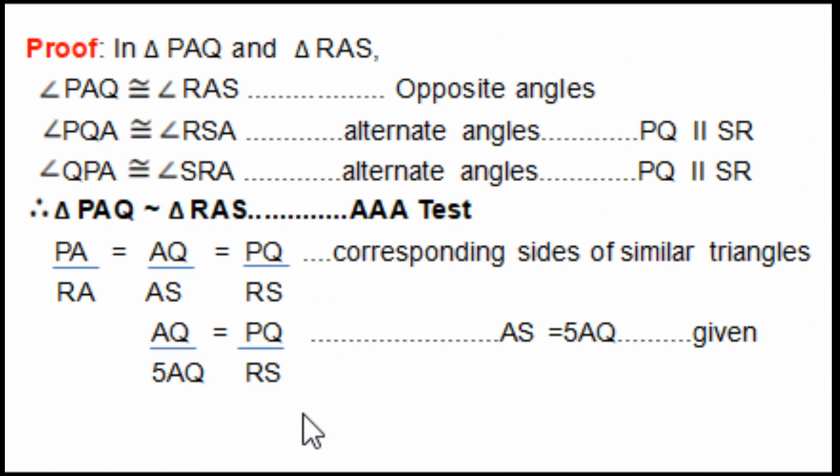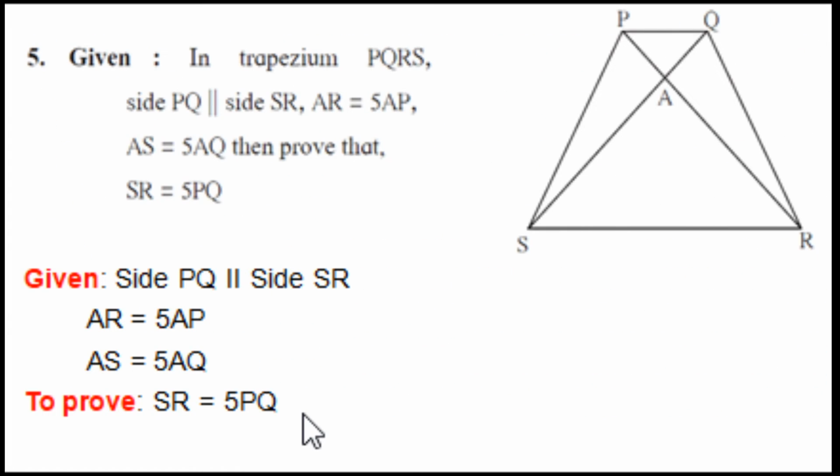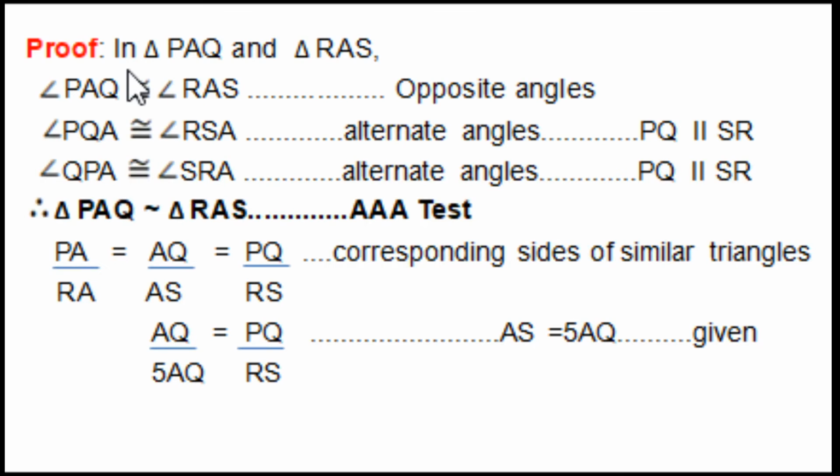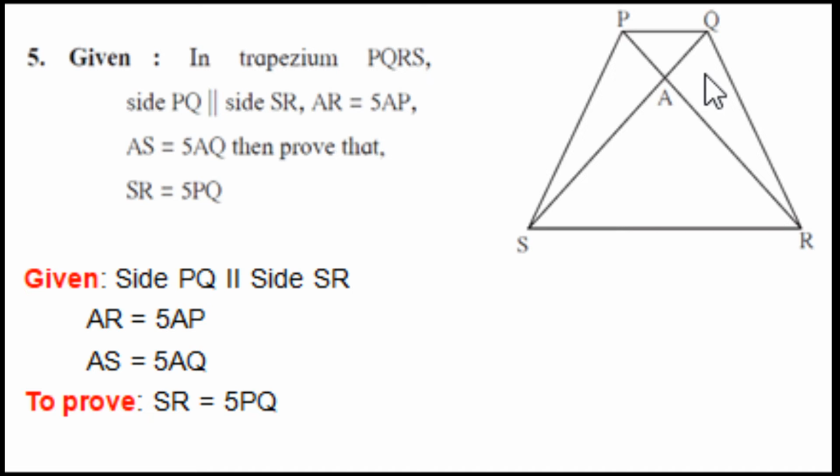Now what we are going to do in this particular sum, we are taking this smaller triangle PAQ and this bigger triangle RAS. See, in triangle PAQ and triangle RAS, angle PAQ is congruent to angle RAS because they are opposite angles.